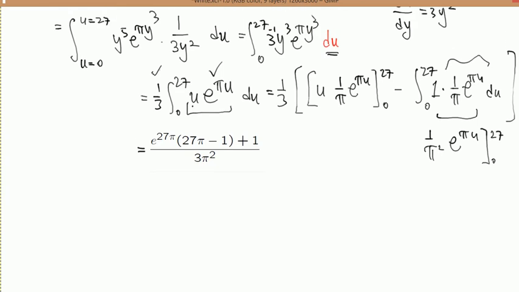Yes. 1 over pi here? Or this part? Yeah. Think about it, if you differentiate e to the pi u, you get pi times e to the pi u, right? So you don't have just e to the pi u. But when you're integrating this part, that means the derivative of this part is supposed to be e to the pi u, right?